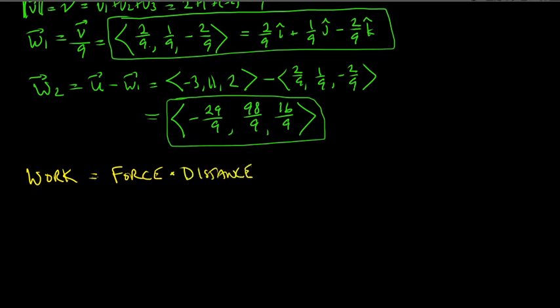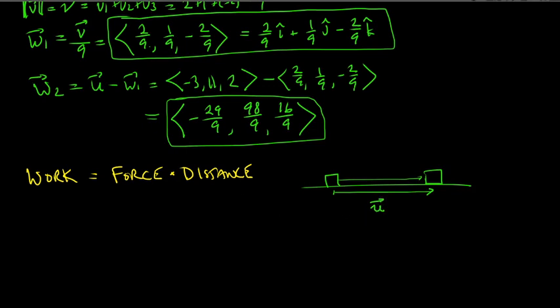But that only applies if the force is in the same direction as the displacement. So if you're moving an object from here to over here, this is my displacement, and let's make a vector out of it. Let's just call it u.